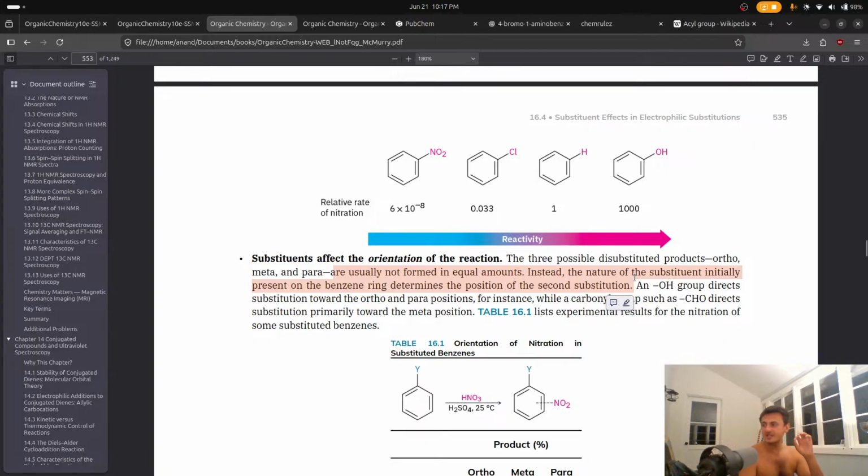I have to say, as time has gone on, what I used to hate about organic chemistry, I now have a much deeper appreciation for. For instance, it felt really messy.